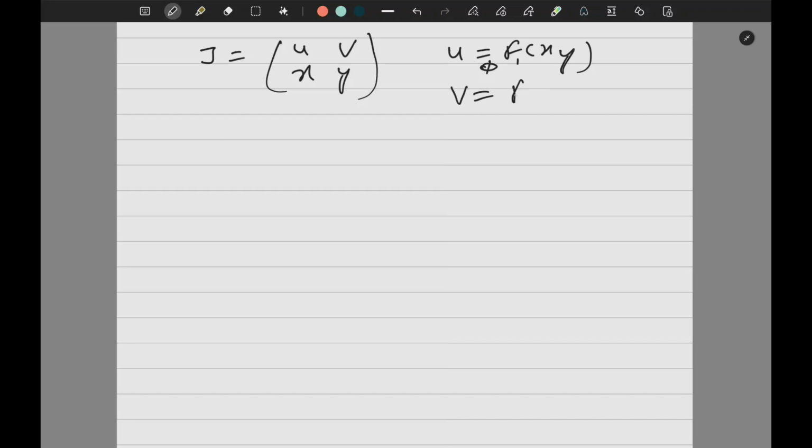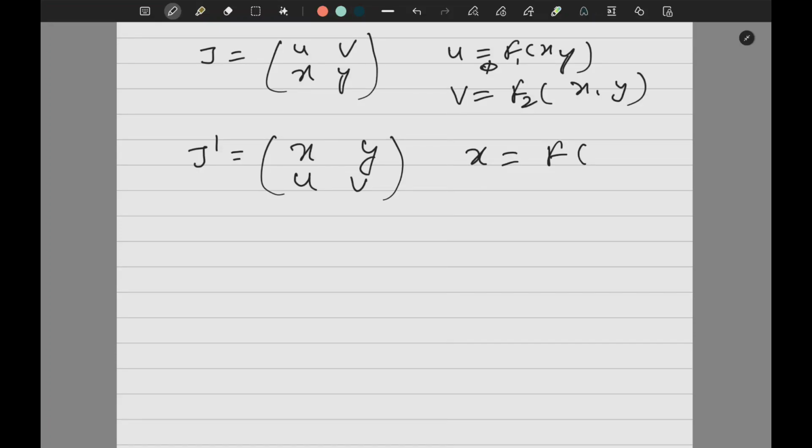Now there is one very important property of Jacobian. If you have J as (u, v) with respect to (x, y), this means u is some function of x, y, and v is some other function of x and y. Now I define J dash as (x, y) with respect to (u, v), with the same functions. So from these functions you extract and write x as a function of u v and y as a function of u v.